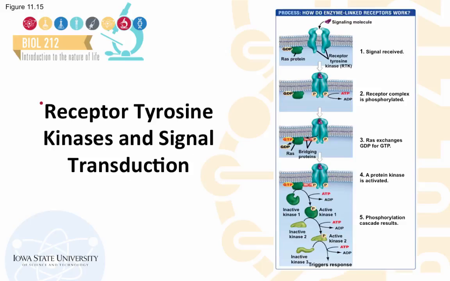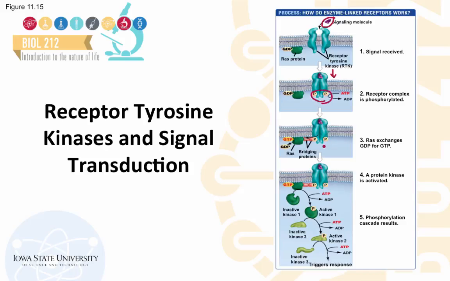We can see the RTKs at work in this image. The external signaling molecule binds and activates RTKs, which then dimerize, meaning 2 subunits of the protein form a complex to become activated. Once activated, the RTK catalyzes phosphorylation of itself.